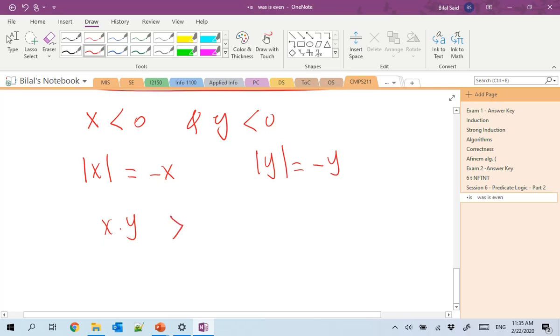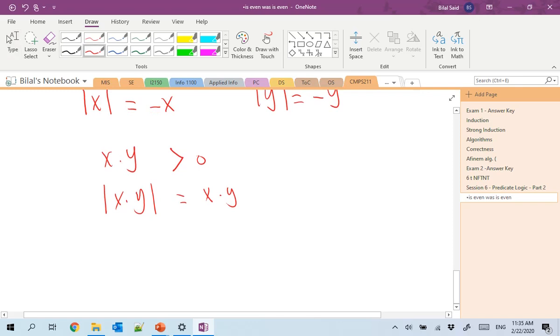So in this case, the absolute value of x times y is equal to x times y, very simply. This is on one hand. On the other hand, absolute value of x times absolute value of y is equal to minus x times minus y, which is equal to x times y times minus 1 times minus 1, so which is x times y.